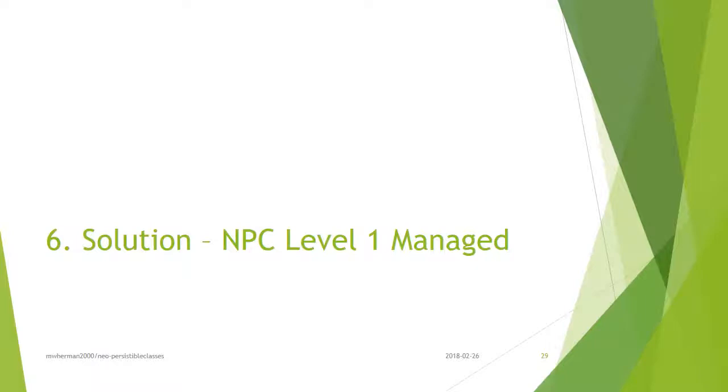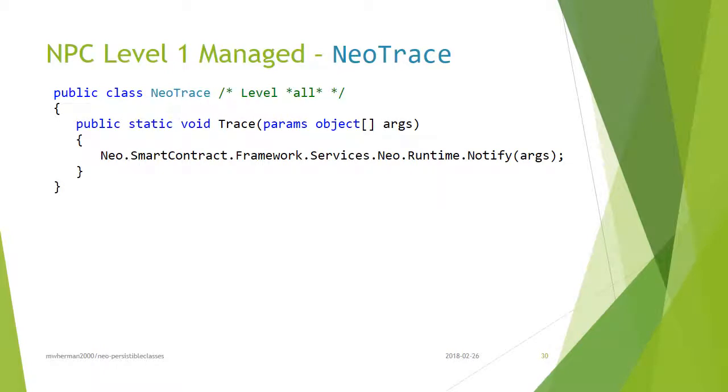So moving on, what does level 1 managed mean? Well, here what we want to do is start supporting the ability to have null entities. We also want to provide some more support in terms of being able to do tracing and logging. So we have one utility class here called trace, and it's actually used by all levels.